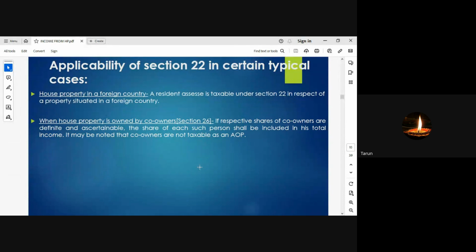It means if such co-owners are considered as an association of persons, it is not taxable at all. So, what was the outcome? When we talk about the co-owners, the income earned by the co-owners is not taxable under section 22, that is income from house property.